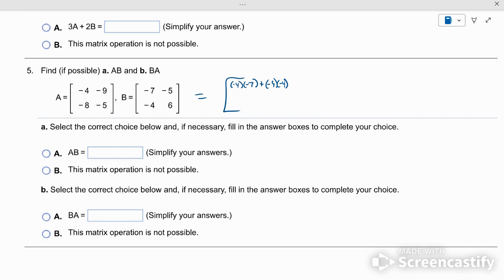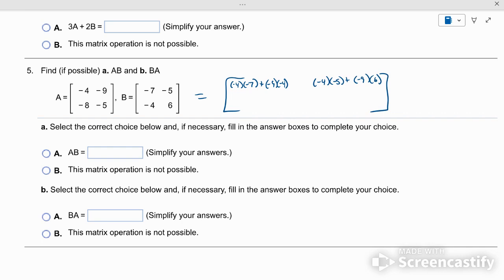Now for this item, row, column. Okay? So, negative 4 times negative 5 plus negative 9 times 6. Okay? So on bottom row, first column.